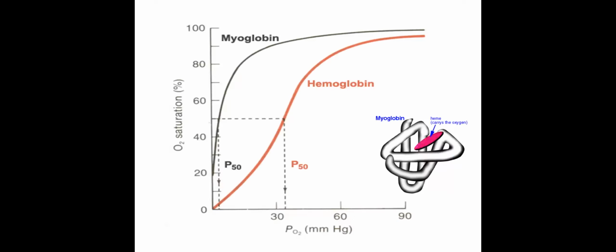Okay, and then myoglobin. Myoglobin is the molecule that's involved in carrying oxygen through the interstitium to the tissues, to where it needs to go for the process of oxidative phosphorylation. The myoglobin molecule is basically the leftward shift of the hemoglobin. So it has a super high affinity for oxygen.